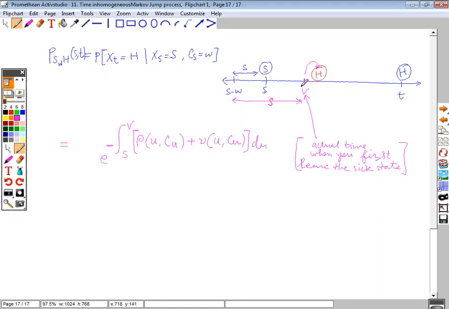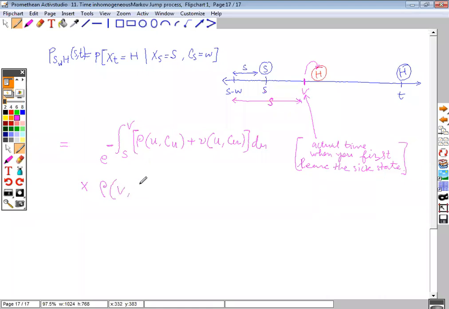Okay, so now what is happening next? At V, I make a transition to the state H. I'm transitioning from the sick state to the healthy state, so this thing will be multiplied by the transition rate, which is rho. This again depends on the time I have spent, right?